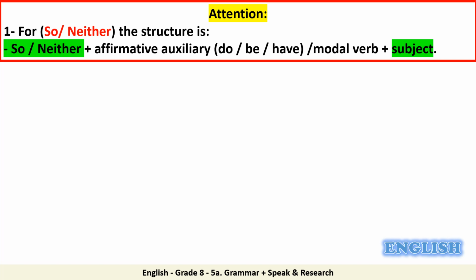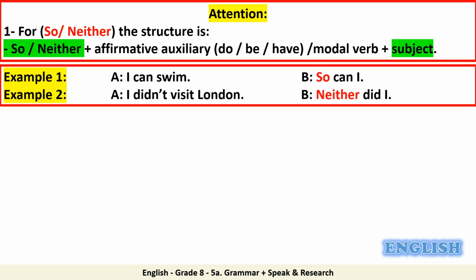Now, please, dear students, be careful about the structure of using the words so, too, either, and neither. Let's start first with the two words so and neither. The structure is we start with so or neither at the beginning of the sentence, plus an affirmative auxiliary verb like the verb do, be, have, or a modal verb, plus the subject at the end of the sentence. Example number 1.